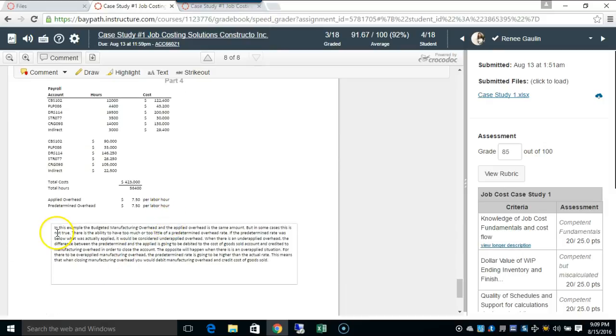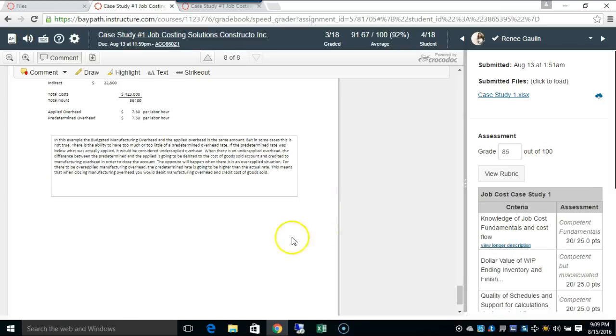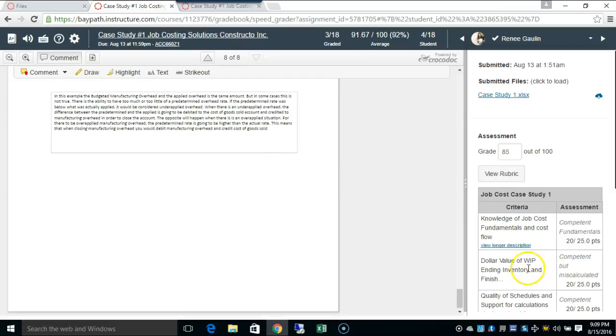And then finally, you discussed manufacturing overhead, overapplied and underapplied, and how to correct them and journalize them, which you did correctly. So I gave you a score of 85. Knowledge of job cost fundamentals and cost flow were competent.